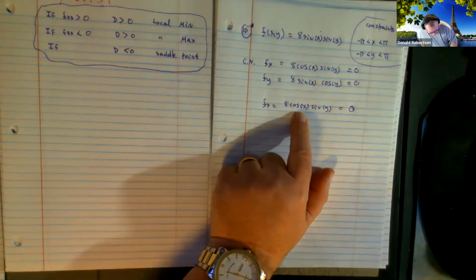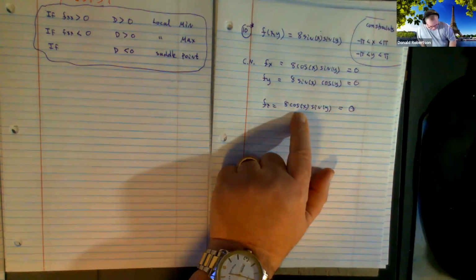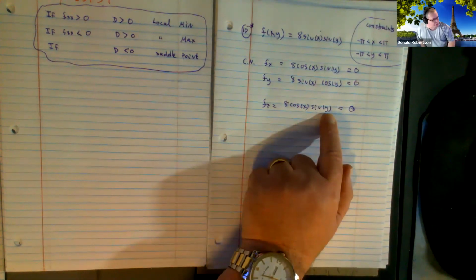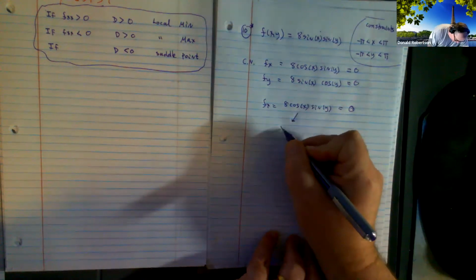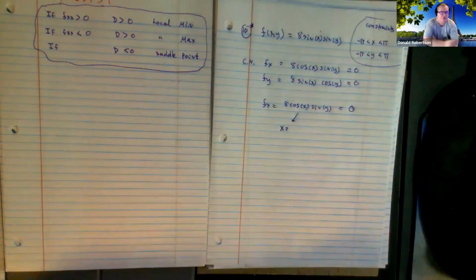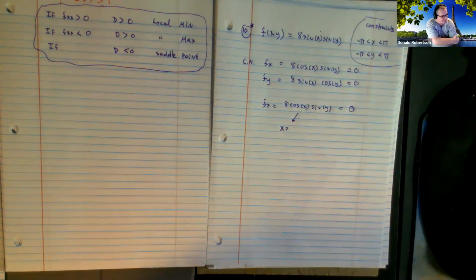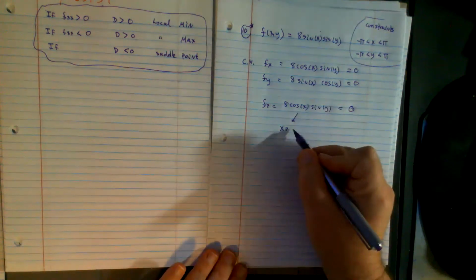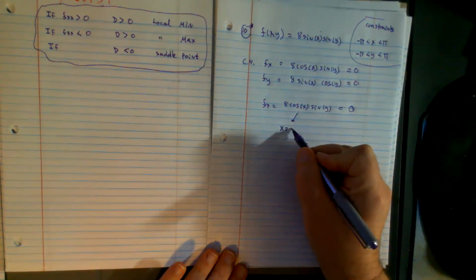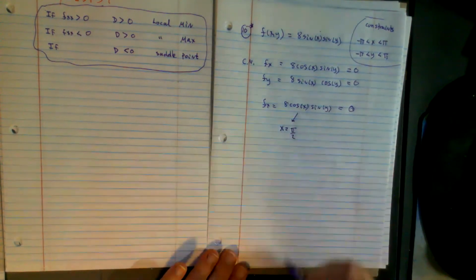Cosine x can be 0 at what values of x, and sine y can be 0 at what values of y. So let's do the cosine x. What values of x do you get a 0 for the cosine? That would be pi halves and 3 pi halves.